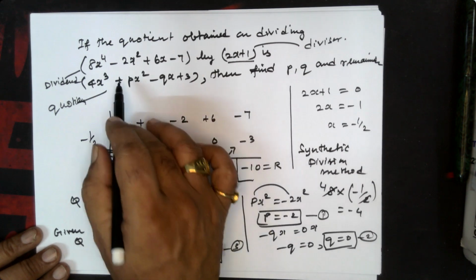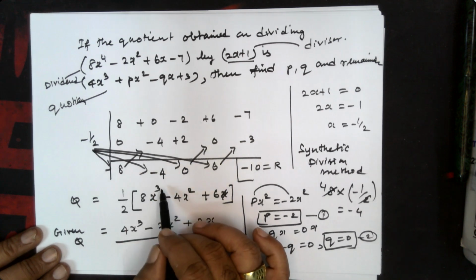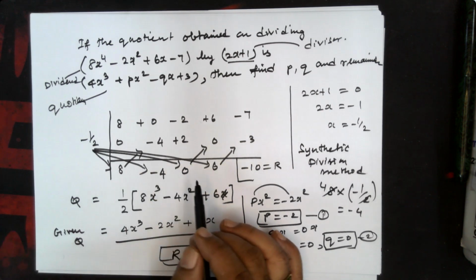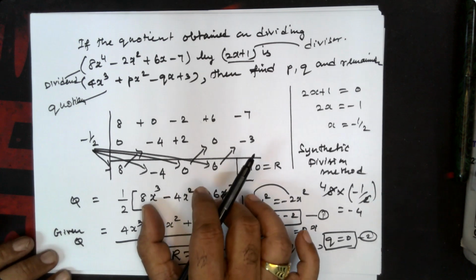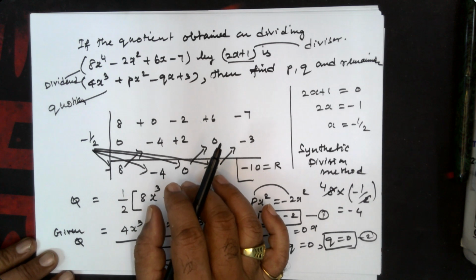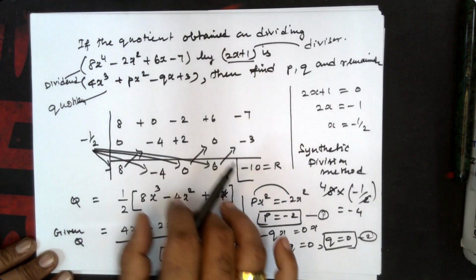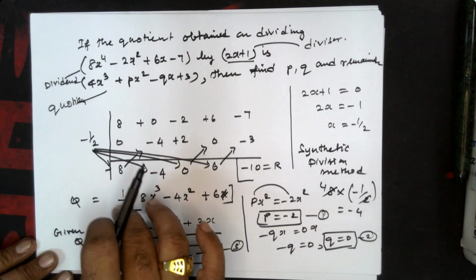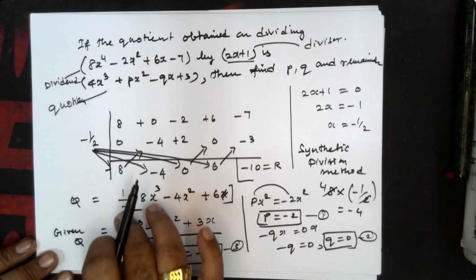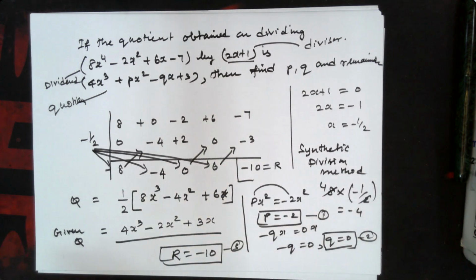Since it is a polynomial, you should have got 8x cube minus 4x squared plus 6x as the actual quotient, but in order to compare, you have to suitably multiply by the factor. So when you multiply by the factor 1 by 2, you can get it. Is it clear now?